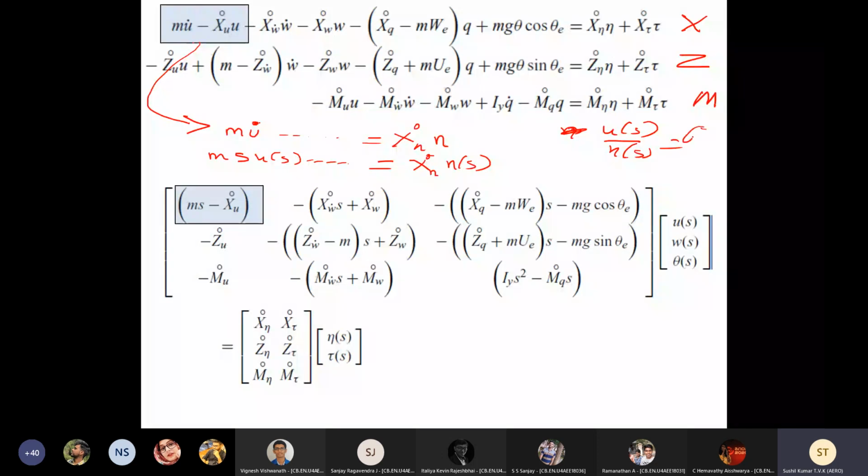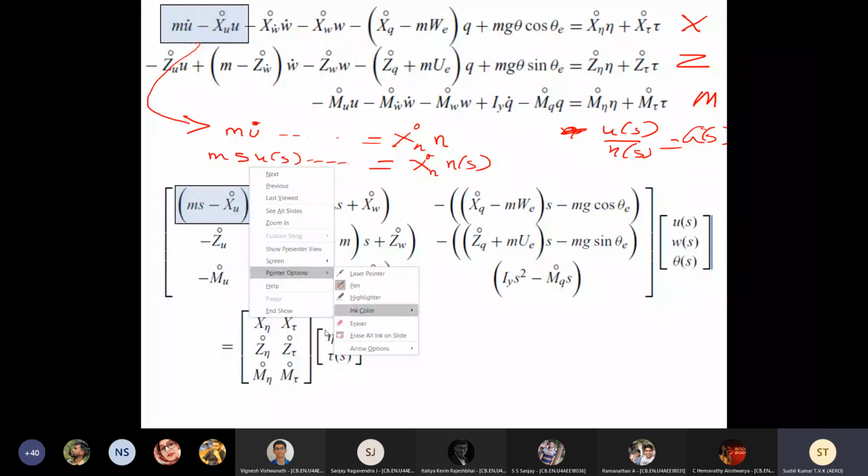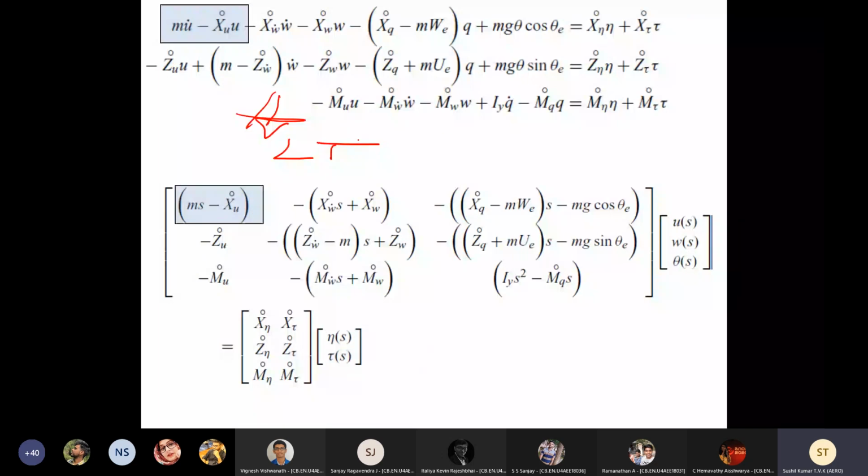So we have to take the complete set of differential equations and then try to do it. But the first step is, let's just take the Laplace transform. So we are just taking the Laplace transform of the 3 equations we have derived, and then we'll try to solve this.